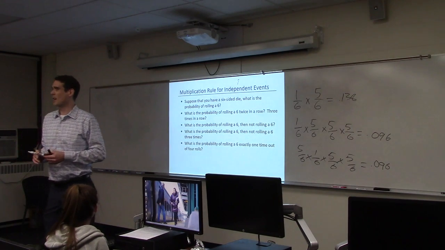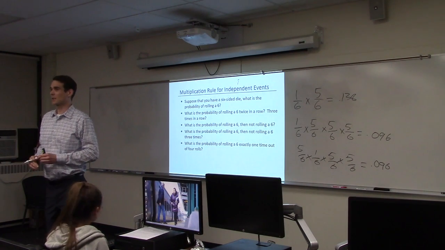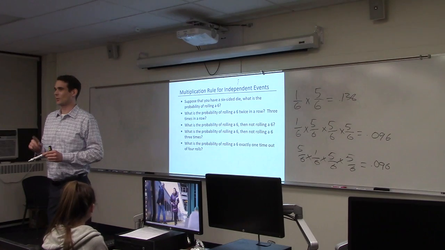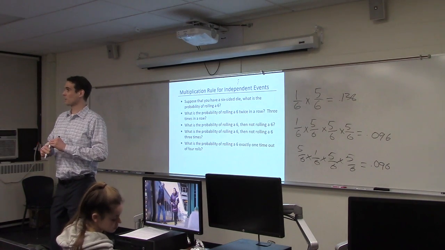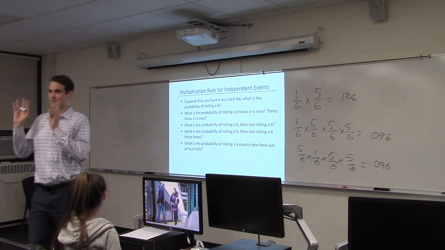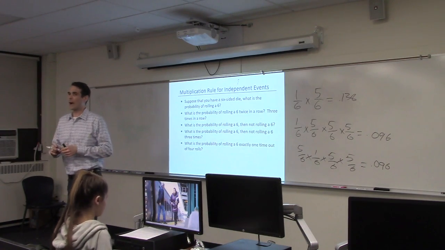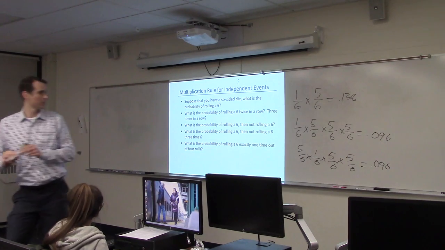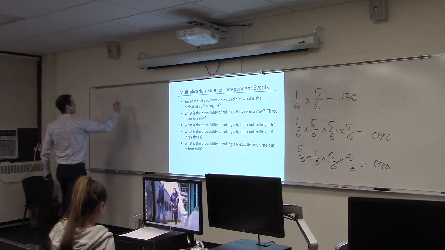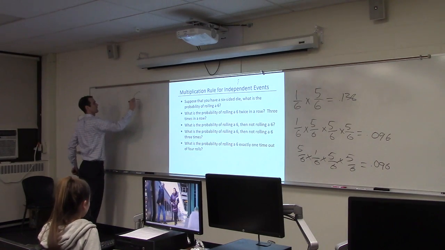N would be 4, yes. X would be 1. 1, yeah, that's right. So, there are 4 different rolls, and we want to know how many different combinations of 1 there are. So, we want 4 combination 1.